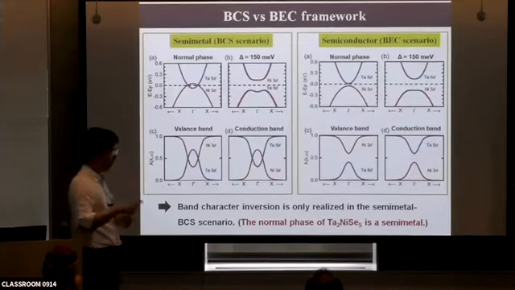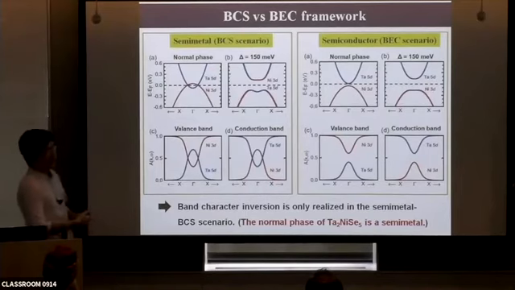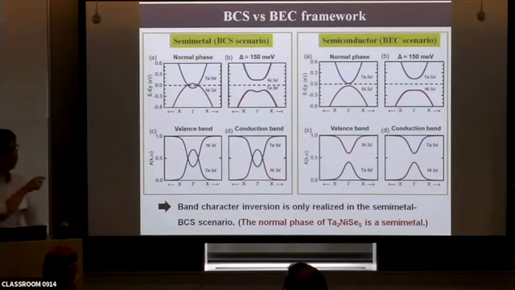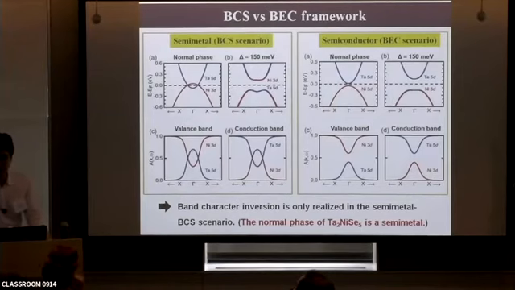But usually the activation energy is smaller than the real band gap size. So I think the optical measurement detects the activation energy, and this data observes the real gap size. I don't think this explanation works, no? I mean, the optical gap, it's 2 times.